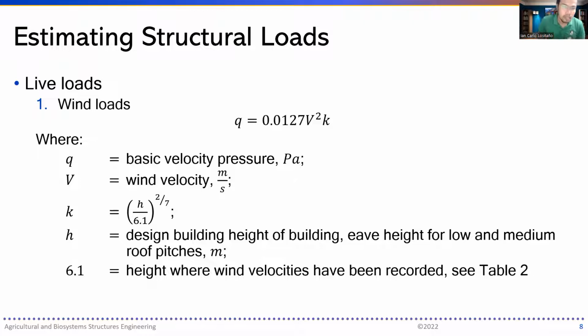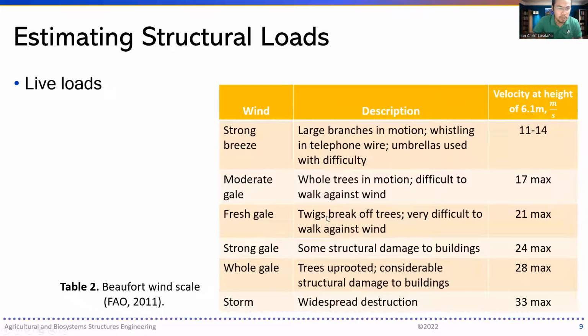H in K is the design height of the building, and this is usually the eave height for low and medium roof pitches, in meters. Now the 6.1 is the height where wind velocities have been recorded, and this is Table number 2, again from the FAO.